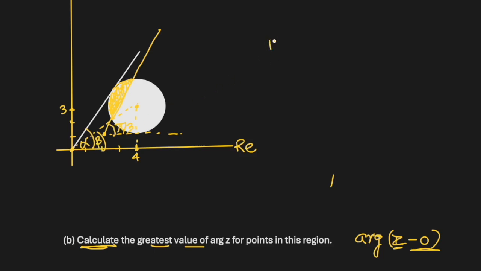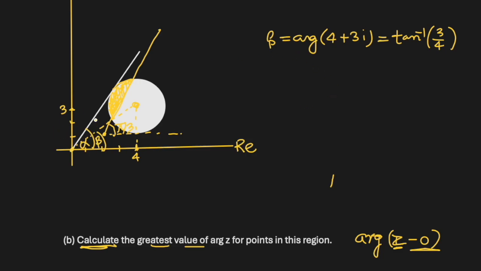Beta is the argument of 4 plus 3i, because this is the point where this line is reaching. So this beta angle will be the argument of 4 plus 3i, which will be tan inverse 3 over 4, 3 opposite over adjacent.